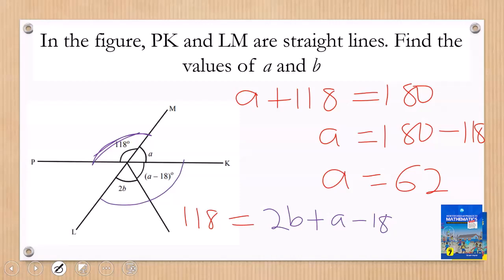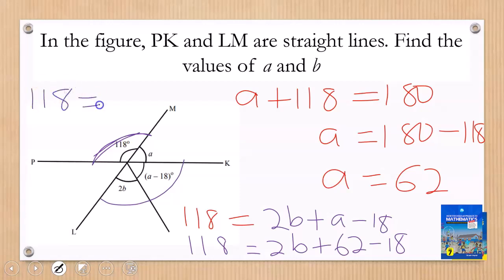And we know A to be 62, so we can say 118 is equal to 2b plus 62 minus 18. Now if you simplify that, 62 minus 18 will give us 44. Okay, so I can rewrite the whole thing as 118 is equal to 2b plus 44. Good, like this.